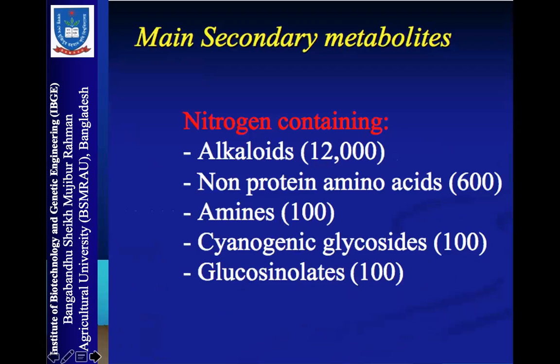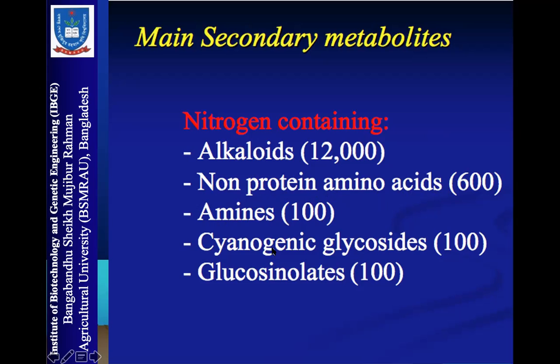Secondary metabolites can also be classified in different ways. For example, nitrogen containing secondary metabolites or non-nitrogen containing secondary metabolites. Nitrogen containing secondary metabolites are alkaloids and non-protein amino acids. Only 20 essential amino acids are involved in synthesis of protein, but lots of non-protein amino acids have been discovered in plants and other organisms.